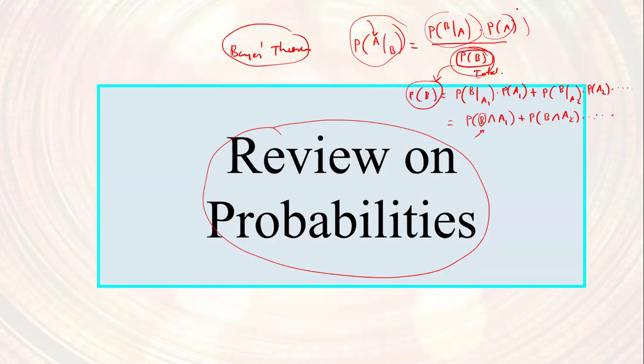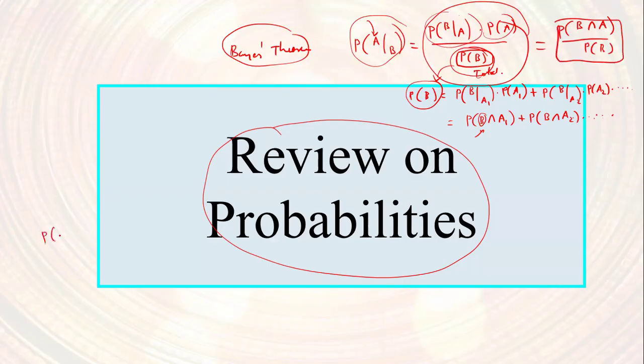So this one is basically equal to the probability of B intersection A divided by the probability of B. You can also write it like this: the probability of A given B, the conditional probability of A given B, multiplied by the probability of B. That is the intersection.